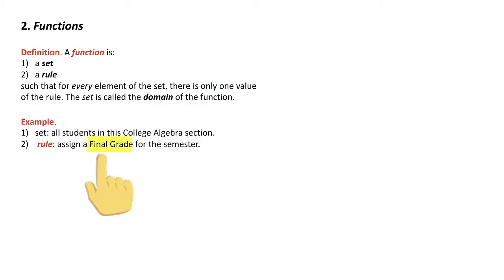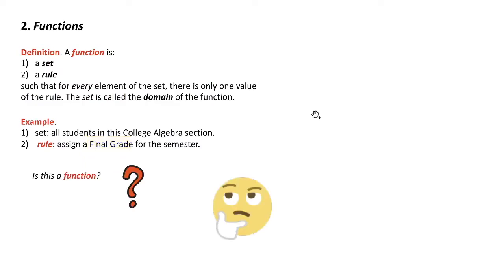Now notice there's only one final grade. I do not have the option to assign multiple grades. Now, is this a description of a function? Often functions are described verbally. Not every function is f of x equals x squared. So is this a function? Just check the criteria.